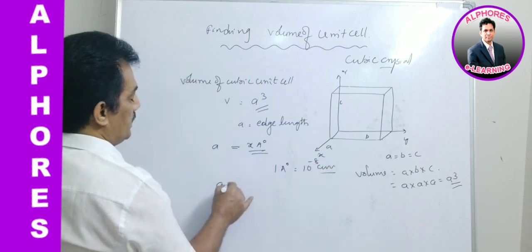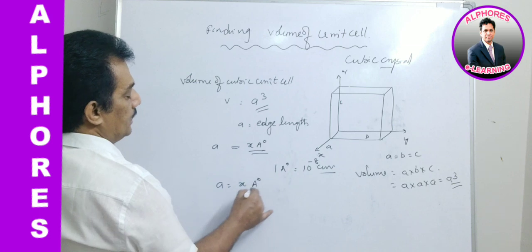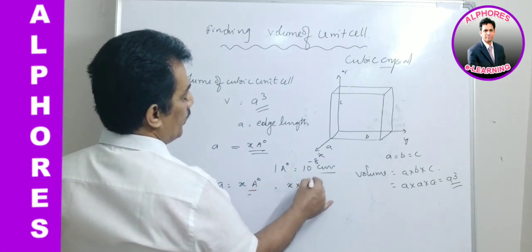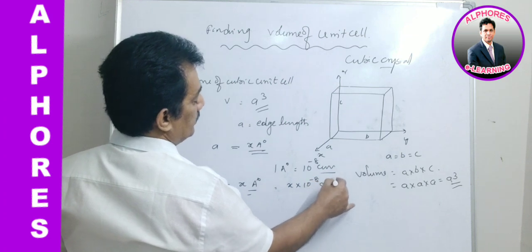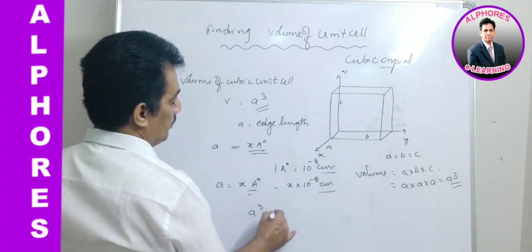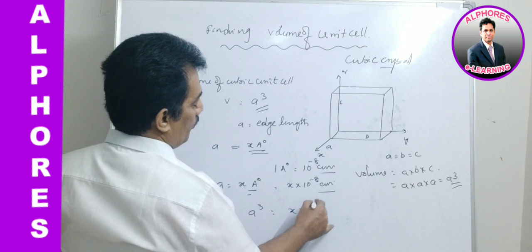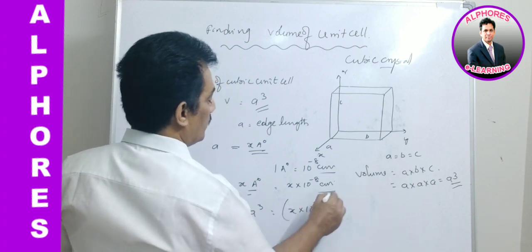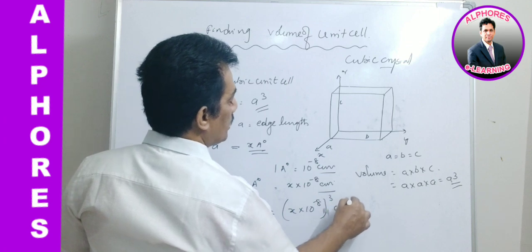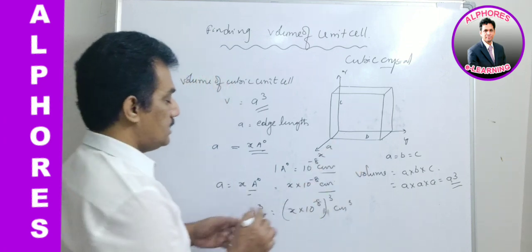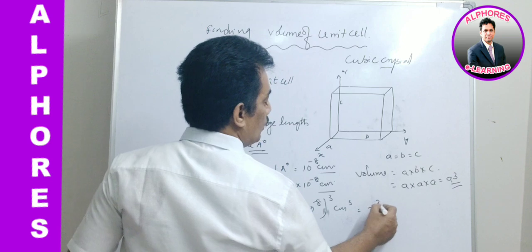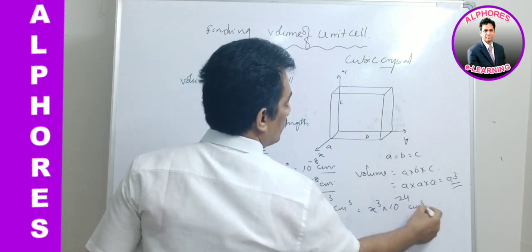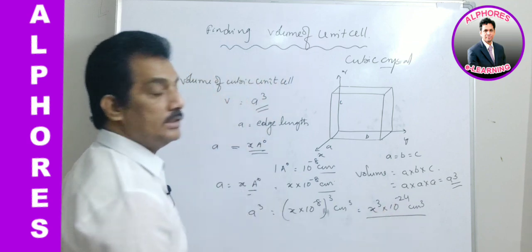So when a is X angstrom units, it is equal to X into 10 to the power of minus 8 centimeters. And a cube is nothing but (X into 10 to the power of minus 8) to the power 3 centimeter cube, which is equal to X cube into 10 to the power of minus 24 centimeter cube. Like that you have to consider.